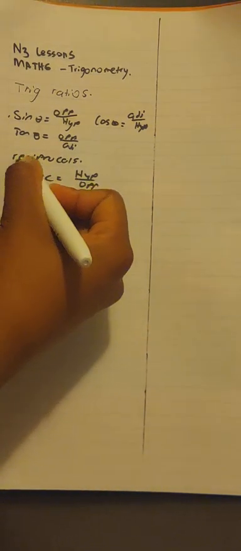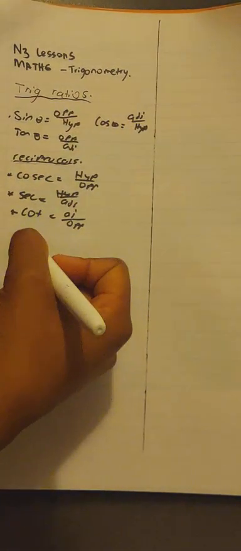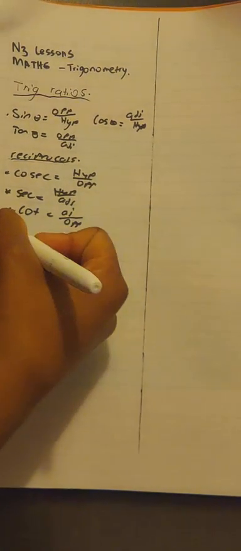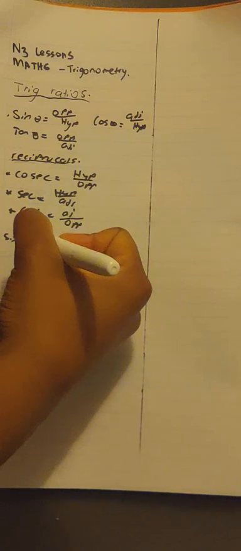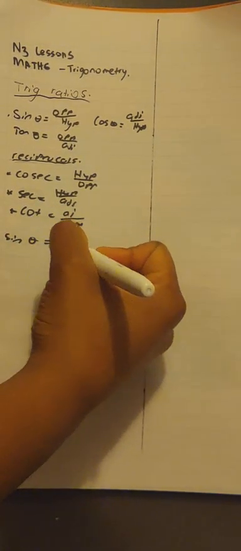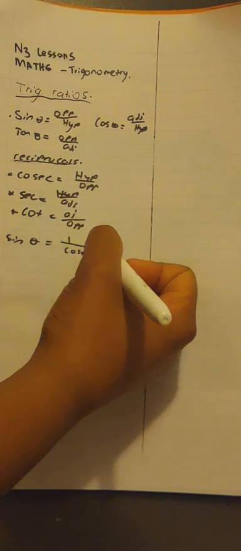Your relationship between your reciprocals and your trig ratios is, look at this, is this. Sine theta, here is the relationship. Sine theta is equal to 1 over cosec theta.